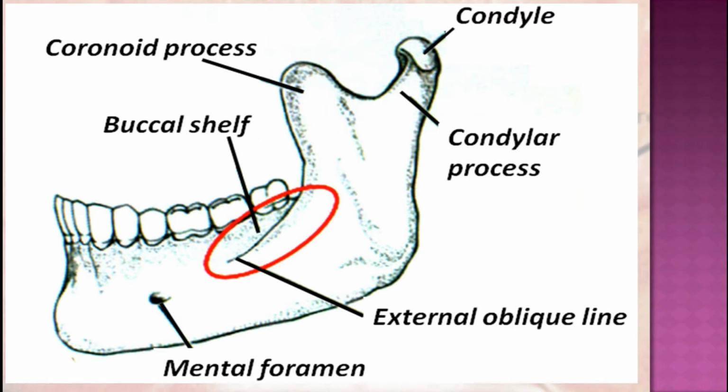According to Prosthetic Treatment of Edentulous Patients by Zarb and Bolender, the bone of the buccal shelf area is covered by a layer of cortical bone. This, plus the fact that the shelf lies at right angles to the vertical forces, makes it the most suitable primary stress bearing area for a lower denture.